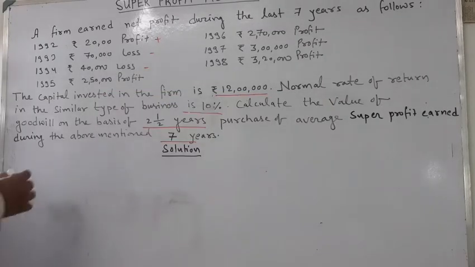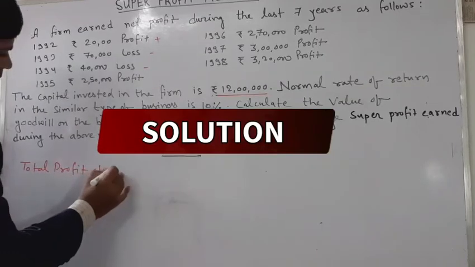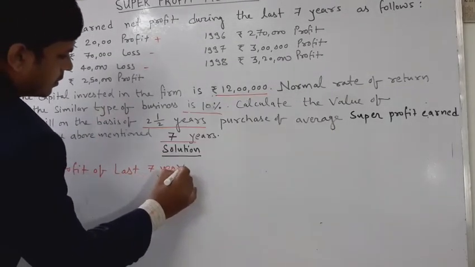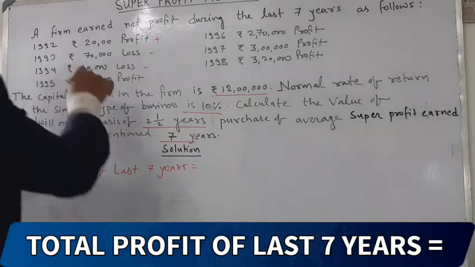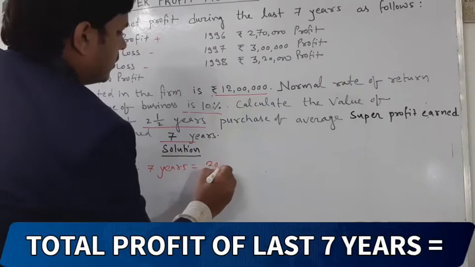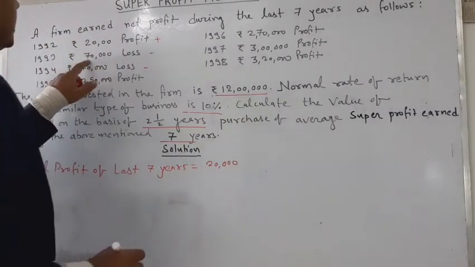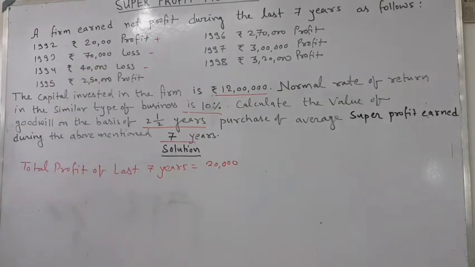So here you will write total profit of last 7 years. Total profit of last 7 years is already given above. 20,000 minus 70,000 minus 40,000.